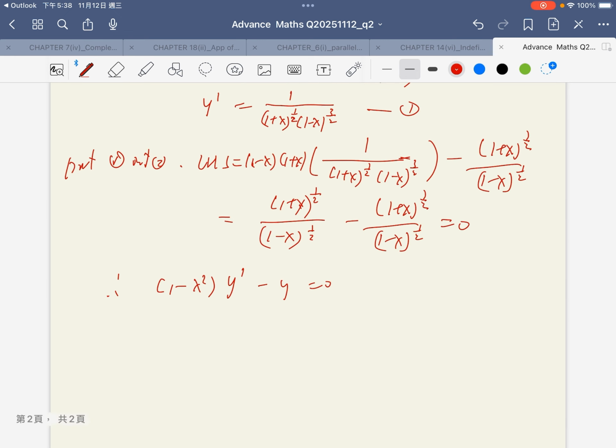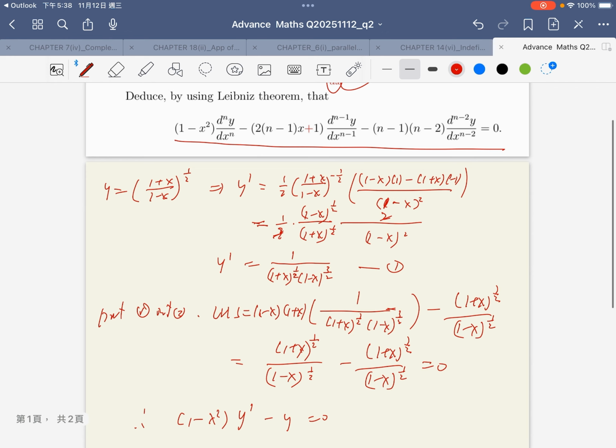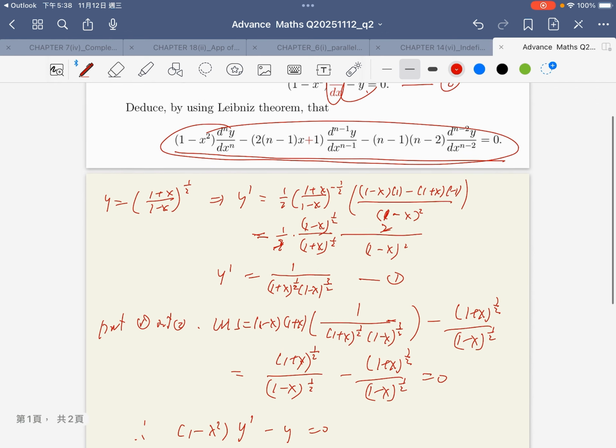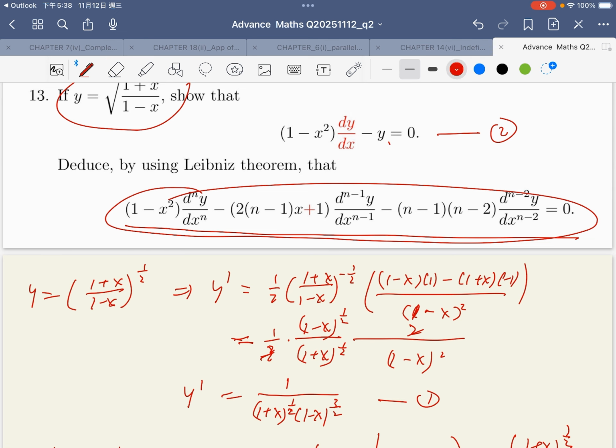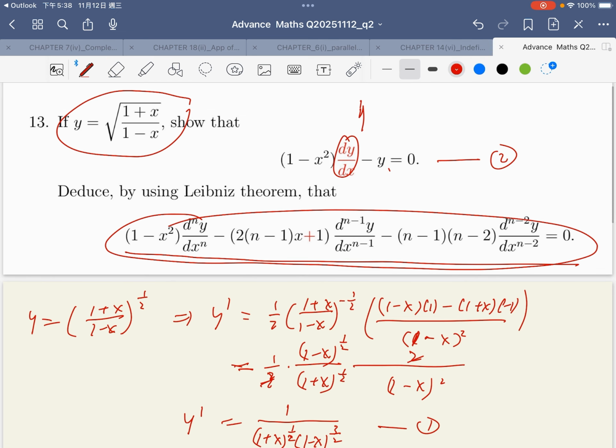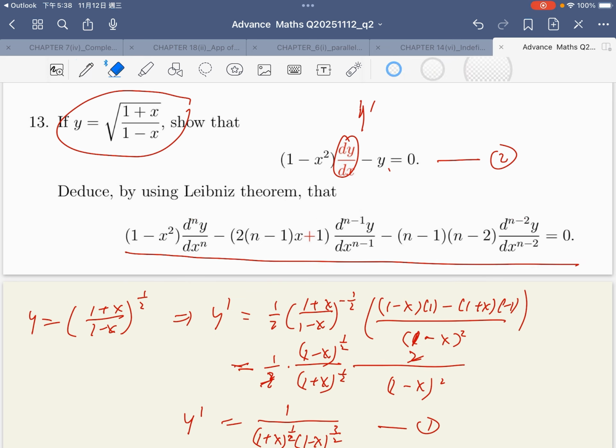Okay. Then finally, now we have to differentiate this function. You can see that we have already differentiated this once. Then we differentiate this n times, so from this one to this one, we differentiate n minus 1 more.